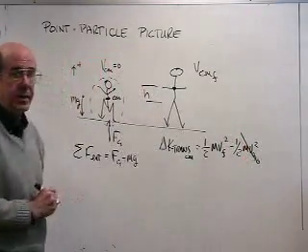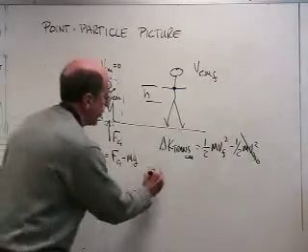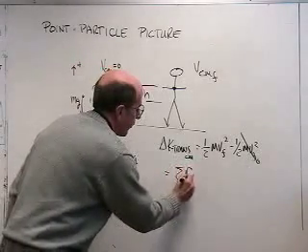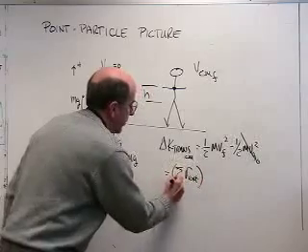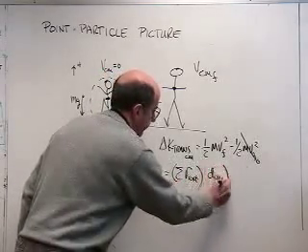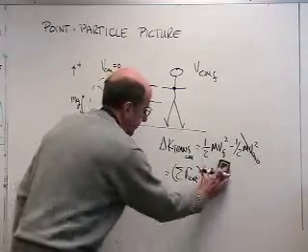And that has to be equal to the sum of the external forces acting upon the mass times the distance that the center of mass moved, or delta x.